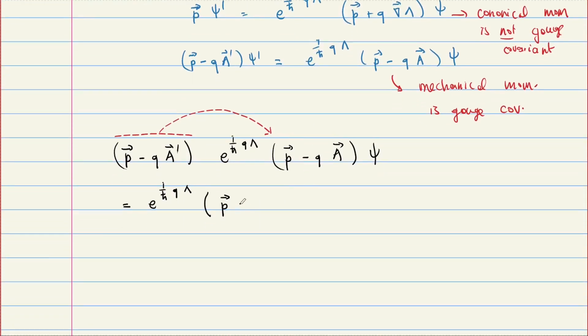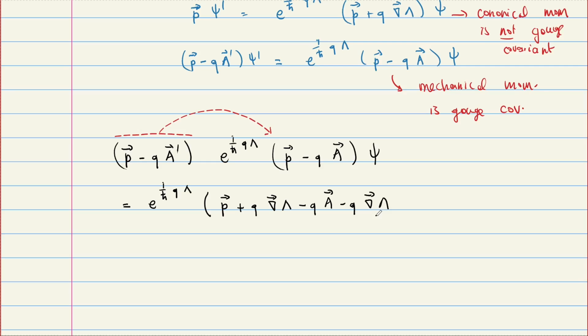So this is p plus q gradient lambda, and now I need to open this up, so this is q a minus q gradient lambda.